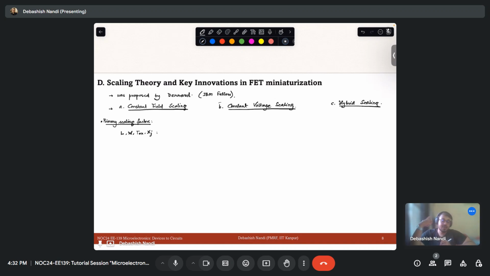These are the metallurgical parameters or the lithographic parameters that you can control. Then you have your Na or Nd doping. Let's say K is the scaling factor.